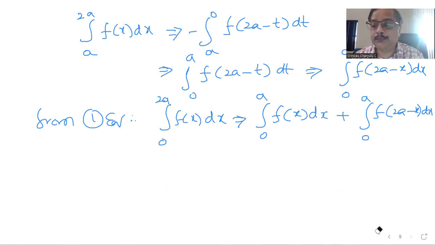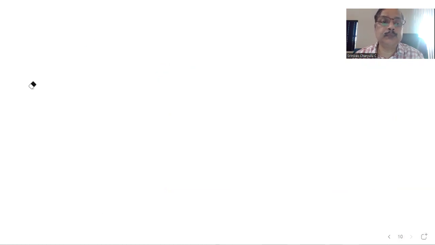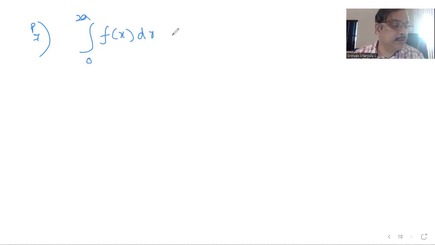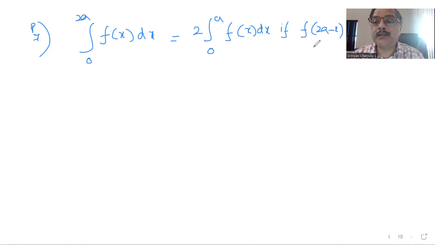The next one is now P7. Integral 0 to 2a f of x dx is equal to 2 integral 0 to a f of x dx if f of 2a minus x is equal to f of x, or is equal to 0 if f of 2a minus x is equal to minus f of x.